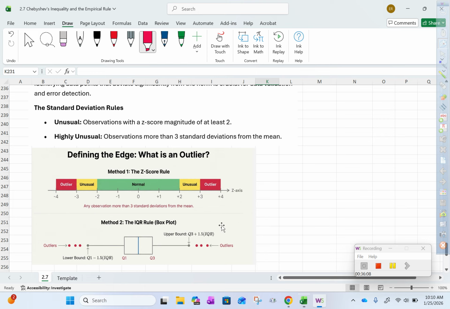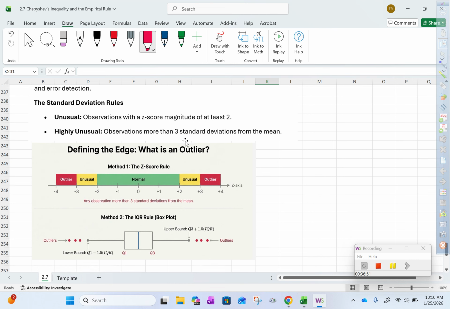So you may see questions that say, determine outliers by the 2 standard deviation rule, or consider outliers by the 3 standard deviation rule. So instructions will matter on how to calculate that. We're going to classify based on this. Unusual is above 2, and highly unusual, or outliers, are going to be above 3.